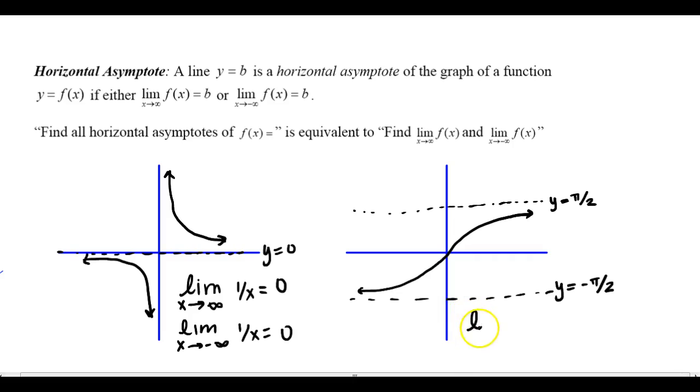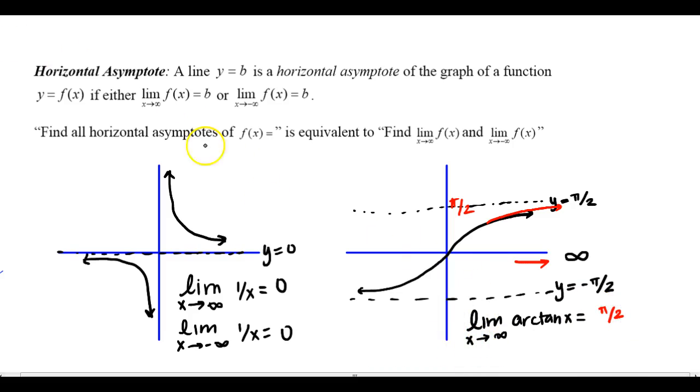You'll notice that if we took the limit as x approaches infinity of the arctan function, you'd get positive pi over 2. As you approach positive infinity, what's happening to the function? It's getting closer and closer to pi over 2. So the limit as x approaches infinity of arctan is pi over 2.